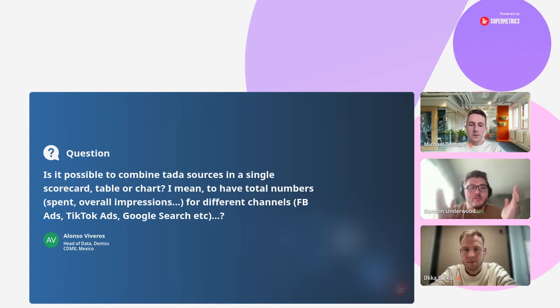And good news though, Supermetrics has actually released our own data blending feature that is all in-house with Supermetrics, and you can blend these multiple channels, Facebook ads, TikTok, Google search ads, and then input that basically as a data source in Looker Studio with this blend. We have some guides here as well.